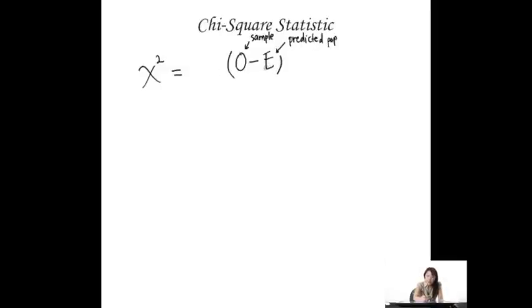But remember, when we look at this difference, sometimes they're going to be positive, sometimes they're going to be negative. And so what we do here, as usual in statistics, is we square the whole thing, right? But we also want to know about this difference as a proportion of what was expected. Right? And we want to do this for every category, for the number of categories.